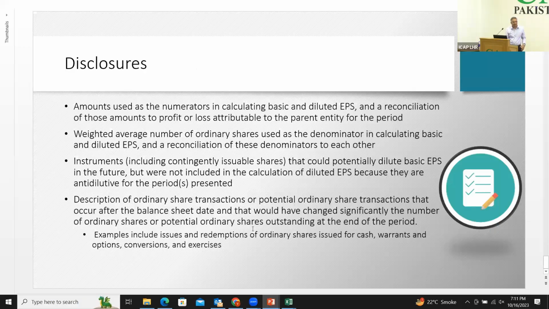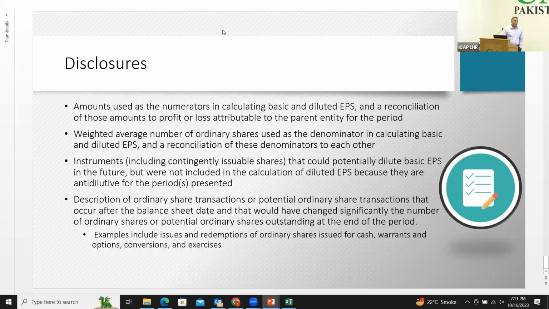Question? Okay, the question is, if there is a real estate company that is developing buildings, whether the borrowing cost can be part of the cost of the asset.